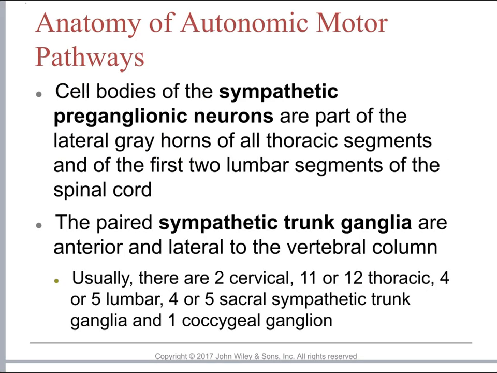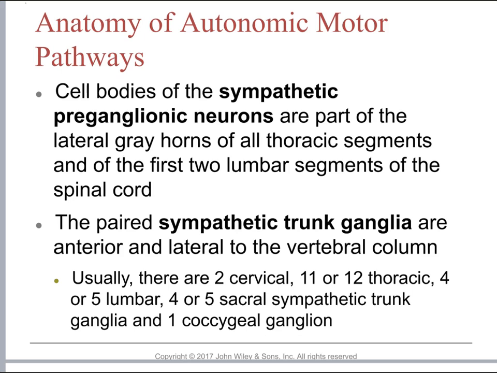So I know this is a lot of information, so throughout this lecture we're going to pause and do some reviews just to catch up and make sure we're all on the same page. So let's relook at our sympathetic preganglionic neurons and their cell bodies. I can't stress to you the importance of recognizing and realizing where they start and where they end.